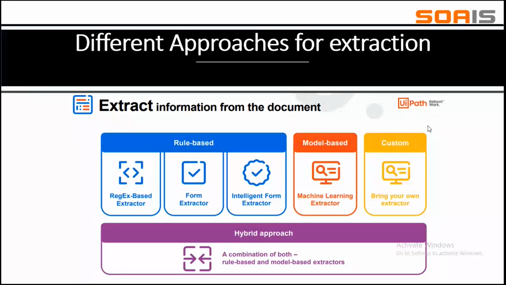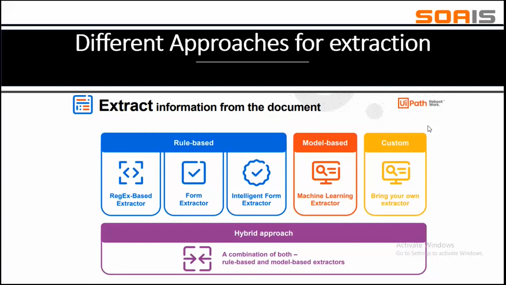The difference between form extractor and intelligent form extractor is that form extractor helps you extract information from an OCR document, in the sense when you have text in a machine-printed language. If the document is of machine-printed type, form extractor will be able to help you with the extraction.